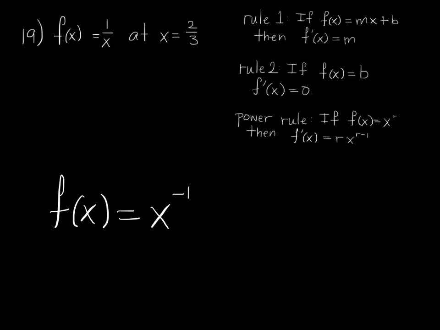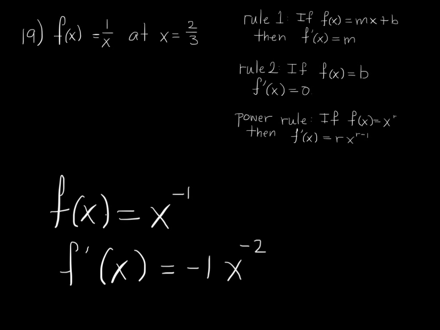We want to make use of the rules we have, and the power rule is very useful, so we can convert this into a situation where we can use the power rule. Then we can go ahead and take the derivative of that, giving us f prime of x equals minus 1 x to the minus 2. I just applied the power rule, bringing the power down, and subtracting 1 from the power.